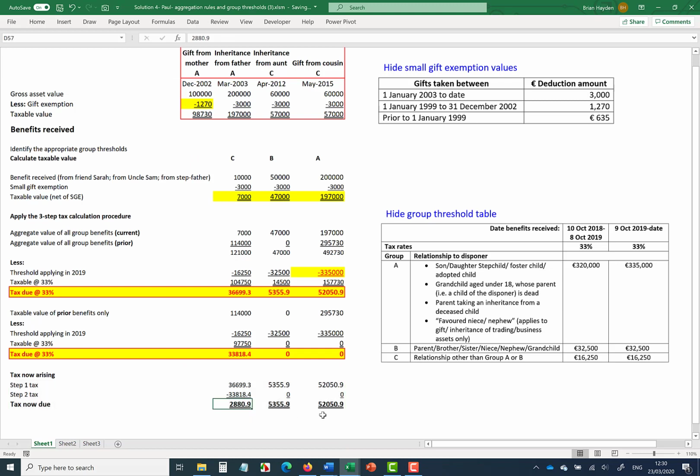So those are the tax amounts now due. So 36,699 was the tax on group C, current and prior. 33,818 was just the tax on the prior. So the difference between those is that value there. That's what he would now owe on those items. And that completes that solution.